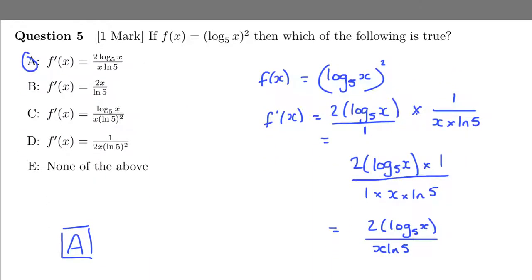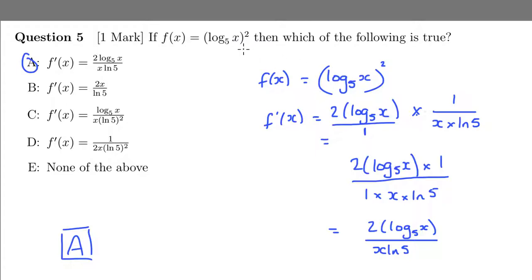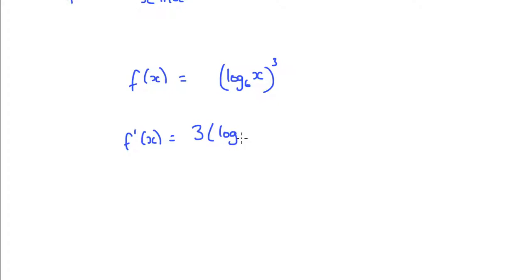And then if we apply that to the two-step version of it, if I make a new question similar to this one, say we had f of x is equal to log to the base 6 of x cubed, then we can use the chain rule first, where we pretend this is an x and differentiate. And remember, for that we bring the power down to the front, keep that as it is, take 1 off the power, and then we're going to times by what we pretended was an x.